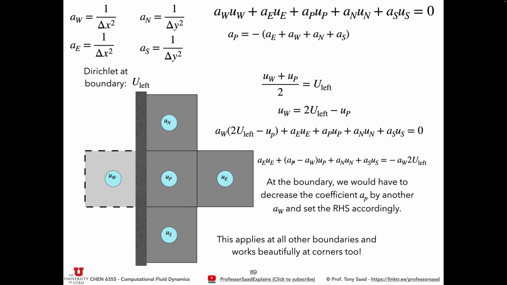And then you will also need to change the coefficient of UP, simply by decreasing it by a fixed value of A west, which is 1 over delta x squared. This would apply at all of those Dirichlet boundaries. Think of it as having an equation at each one of those boundaries, and you're simply adjusting the right-hand side of those equations, which feeds into the right-hand side of the system of equations, and you're adjusting the coefficients of these unknowns.